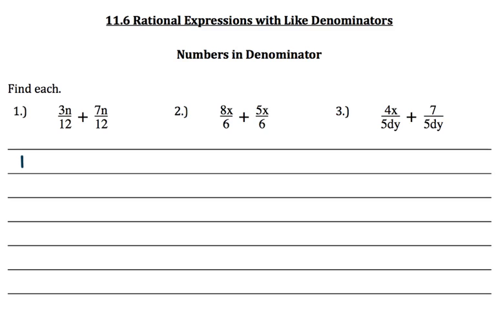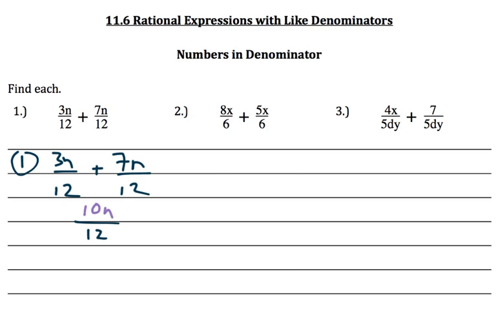Now, problem 1, we'll go ahead and we'll rewrite this as 3n over 12 plus 7n over 12, just like it's in our notes. And since the denominators are already the same, they're shared, so I can just combine 3n and 7n together. And I'm totally comfortable moving this together in the same step and not rewriting it over the same fraction.